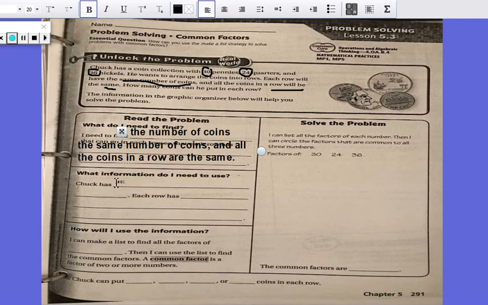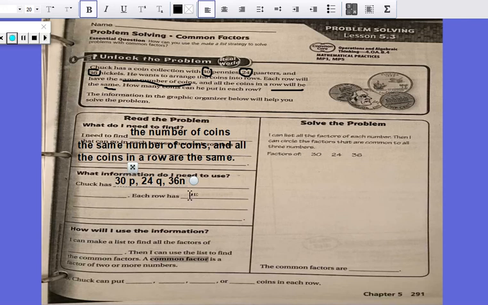Alright, what information do I need to use? This is what I was kind of circling and underlining a little bit. So Chuck has 30 pennies. I'm going to put 30 P to shorten it up. 24 quarters and 36 nickels.